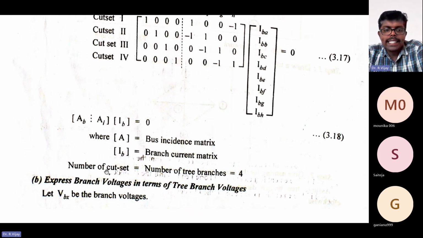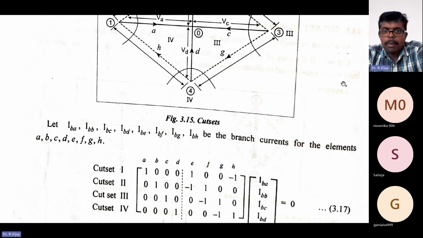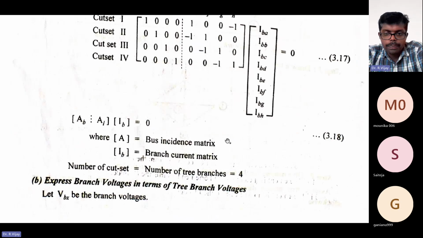Next, the number of cut sets is equal to the number of tree branches. How many cut sets? 4. How many tree branches? 4. So it is equal to 4.